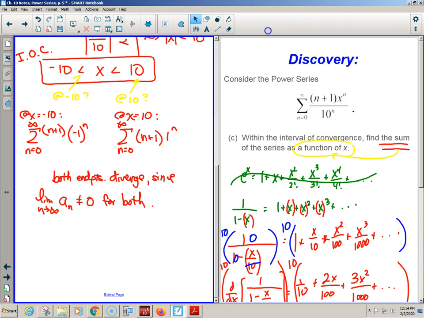Take the divergence test and you're good. The limit of each of those terms is not equal to 0, so therefore, diverge. So was our answer right? Yes, but will it always be right if we don't test it? No.